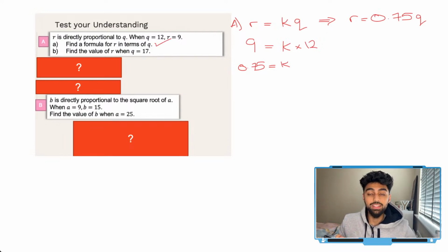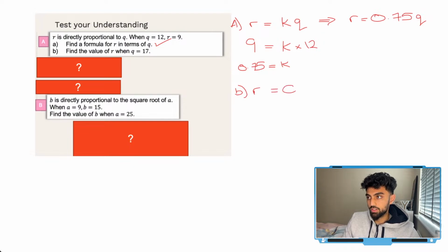And that answers question number 1. Because question number 1 says, find the formula for R in terms of Q, and that is exactly what we've done. We have R equals 0.75 times Q. The next question says, find the value of R when Q is equal to 17. So when Q is equal to 17, we have R is equal to 0.75 times 17.